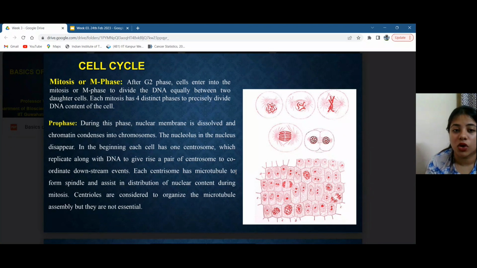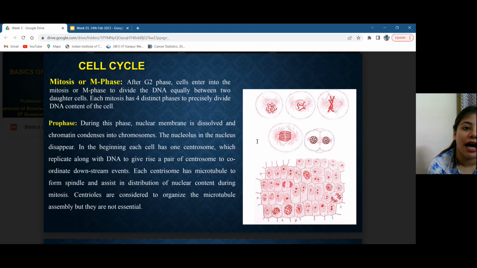Then comes mitosis, or M phase. After the G2 phase, cells enter into the M phase, and there the entire process of DNA division takes place. Here you can see the varied extent to which cells are dividing. It's not necessary that all of the cells will be synchronized at the same stage of division, and therefore you can see the huge variety.